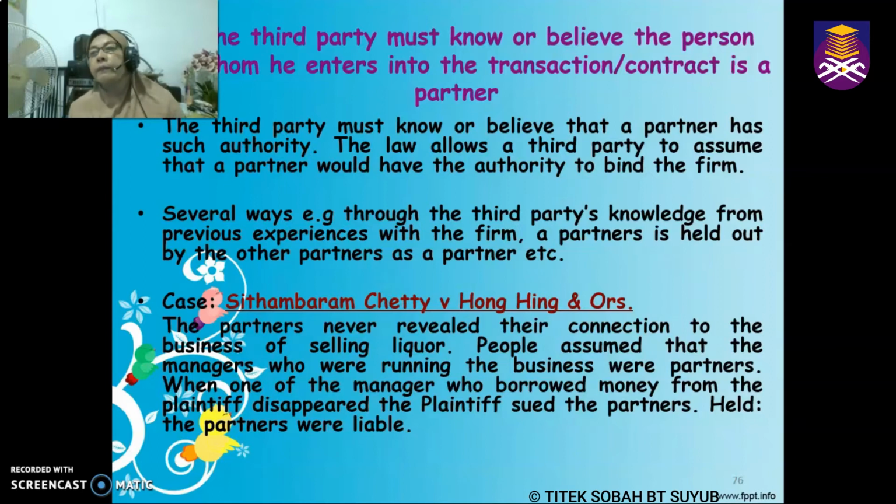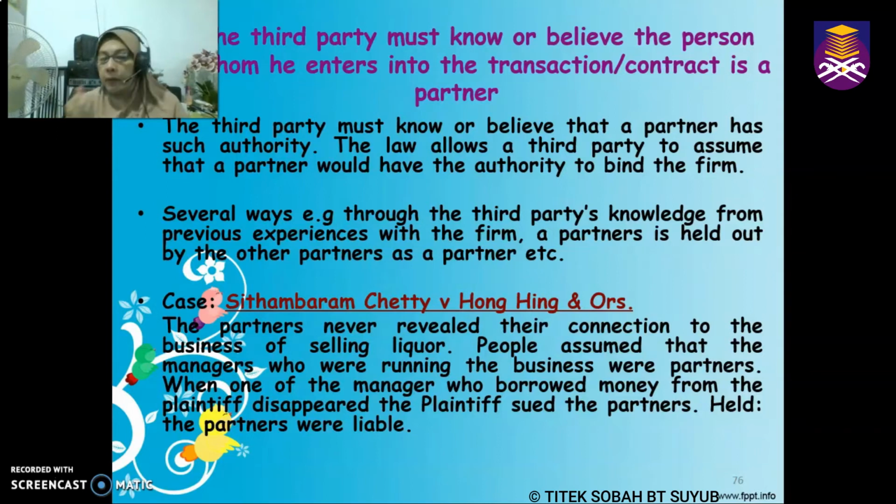Because of that, the people who conducted transactions with this business thought that the managers were the partners. Then one of the managers borrowed money and absconded, he disappeared. Now the plaintiff is suing the real partners.